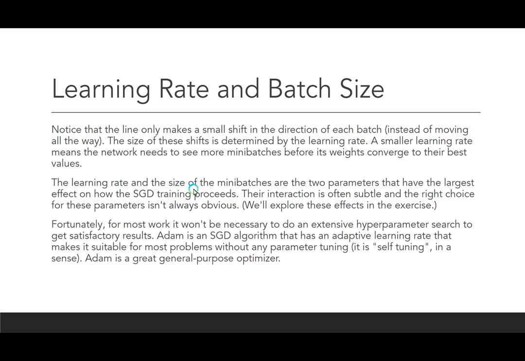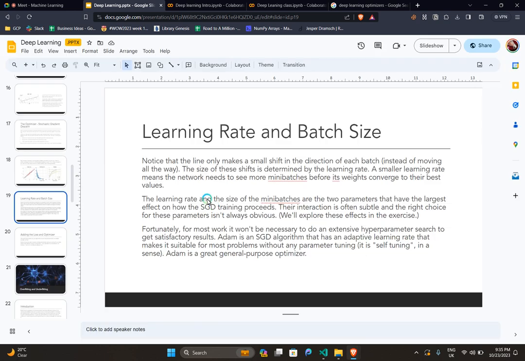Then the learning rate and the size of the mini batches are the two parameters that have the largest effect on how the stochastic gradient descent training proceeds. So their interaction is often subtle and the right choice for these parameters isn't always obvious. So there is a way in which you don't have to select the learning rate and the batch size yourself.